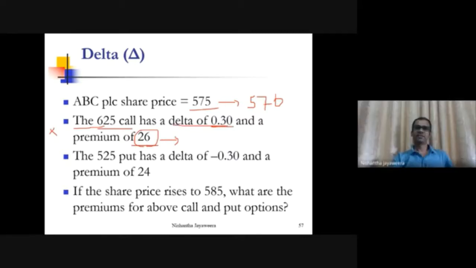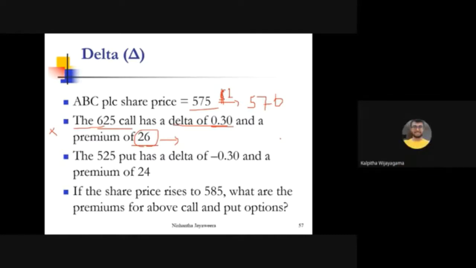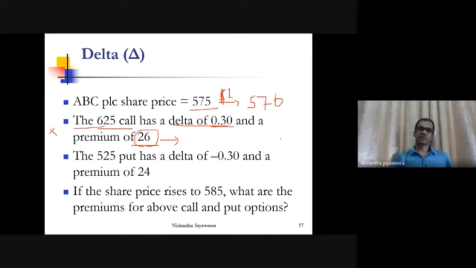If the price of the underlying asset increases by $1, or £1 or ₹1, whatever the unit, 575 to 576, what would be the premium? $26.3. And 26.3 for a put option.